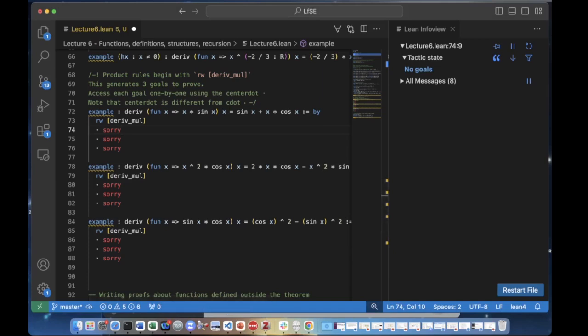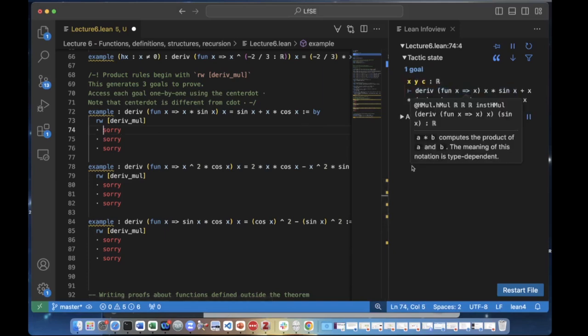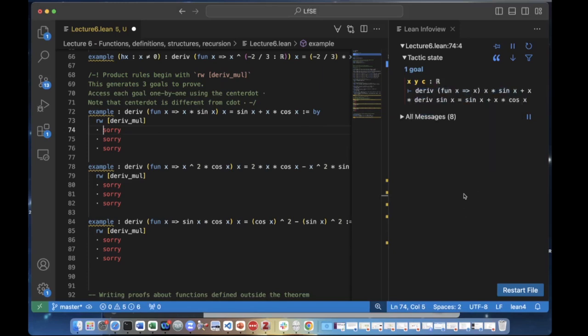Okay. And so, how do we close this first goal? The first goal is saying I need to do the calculus of this. x times sine of x plus x times the derivative of sine of x is equal to sine of x plus x times cosine of x.